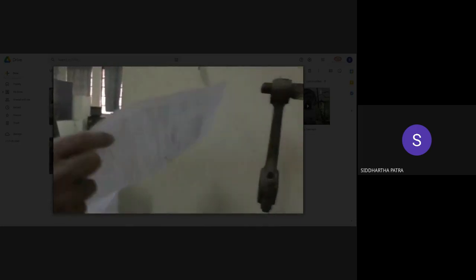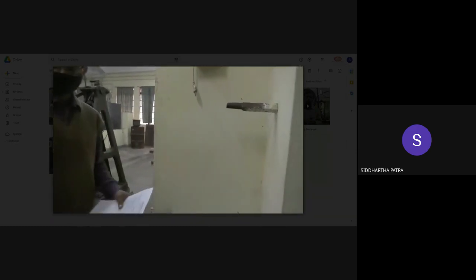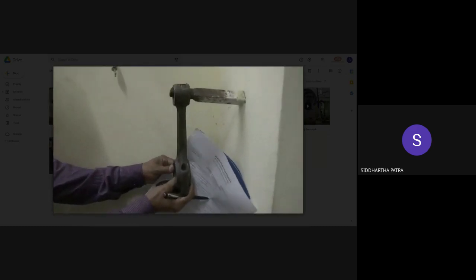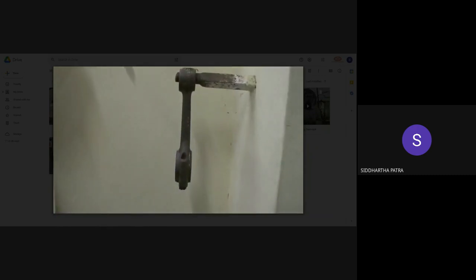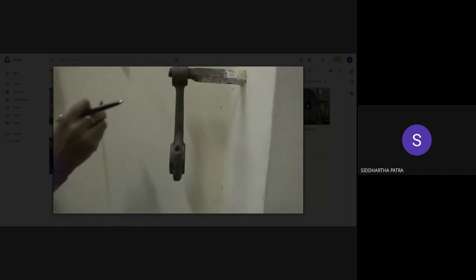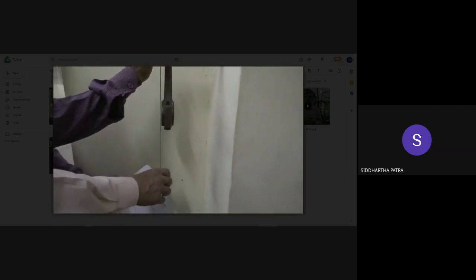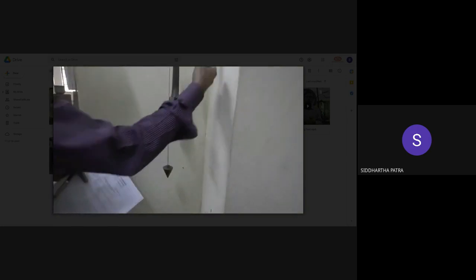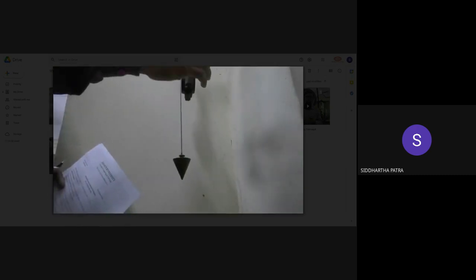What we'll be doing here is, we will first suspend it from the smaller end, and check whether it's perfectly vertical or not. We'll determine the plumb line using this weight. Okay, now it's vertical.